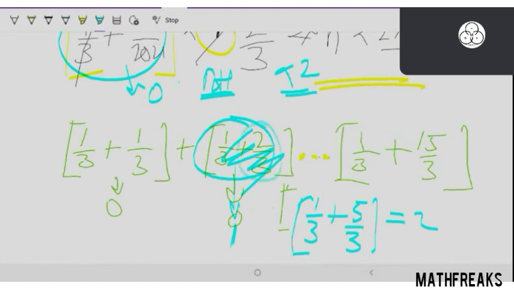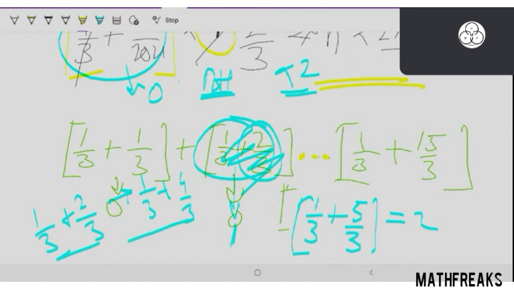So from 1 by 3 plus 2 by 3 to 1 by 3 plus 4 by 3, the values of this term, when we take the greatest integer function, will be 1 only. Are you getting the logic?